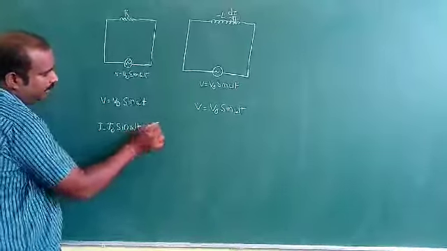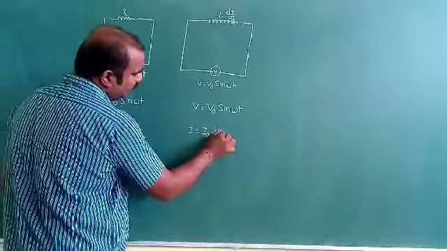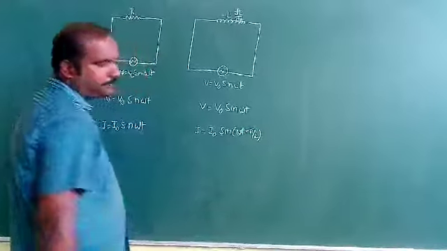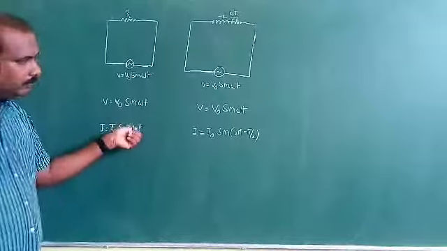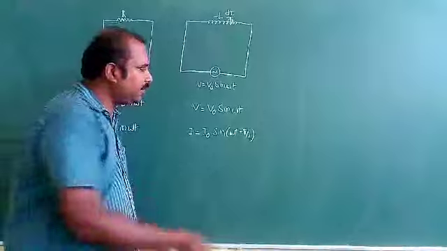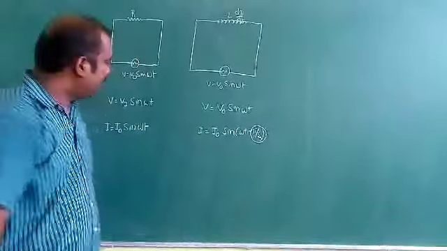But here the final equation is I equal to I naught sin omega t minus pi by 2. These are similar, but these are not similar. Some phase difference is there. How much phase difference is there? 90 degrees phase difference is there. And here both are in phase.